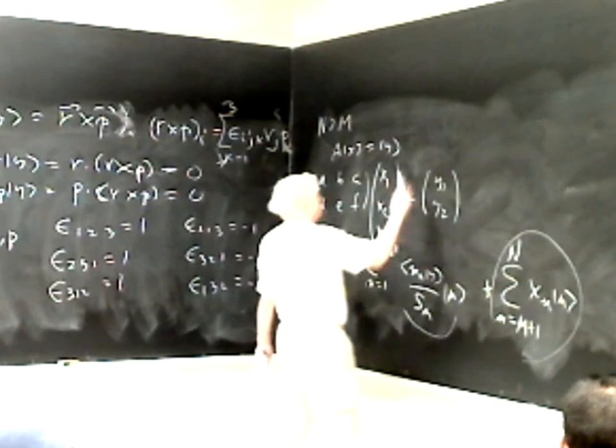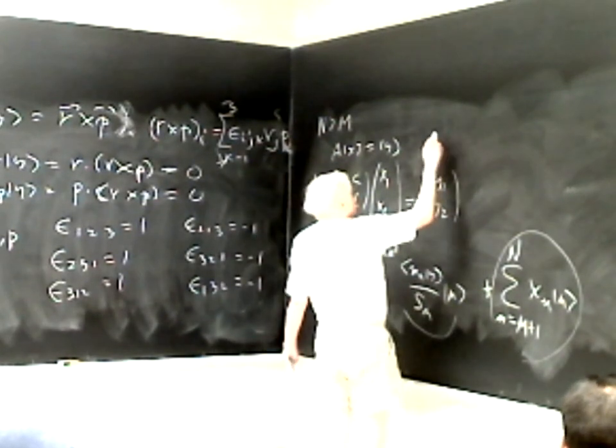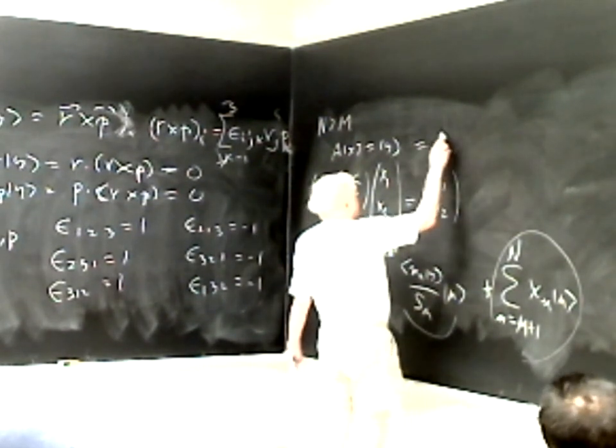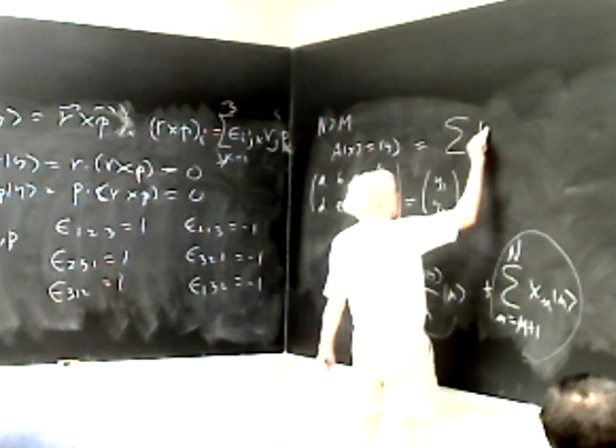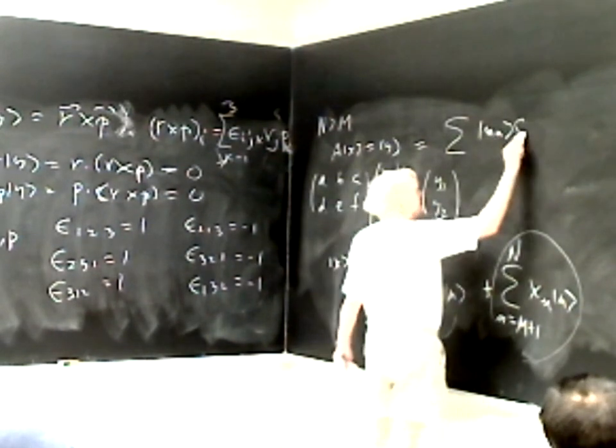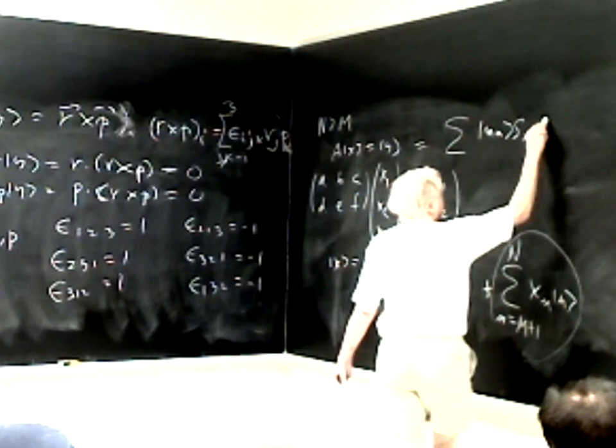And so, for example, A would be a sum M sub n, Sn, n.